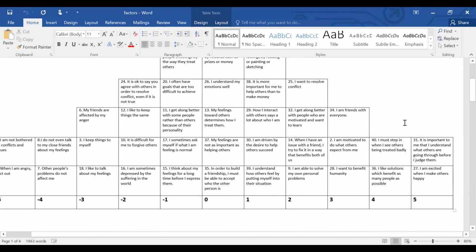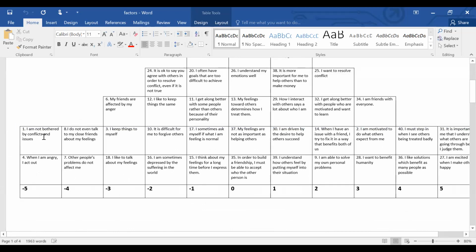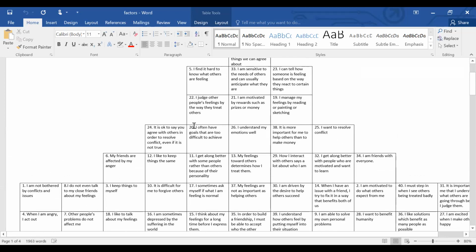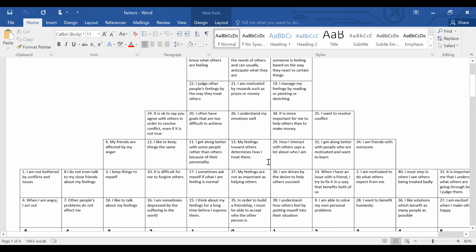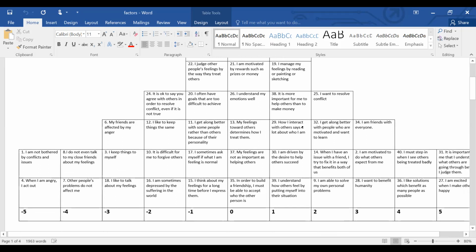And the statements on the far right are the statements that have been identified as the most like, and the statements on the left are the most not like. And then the ones in the middle are the statements that the participants feel neutrally about.